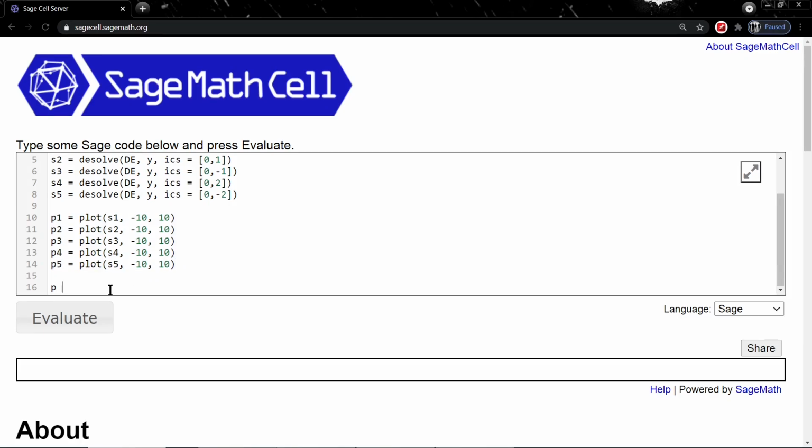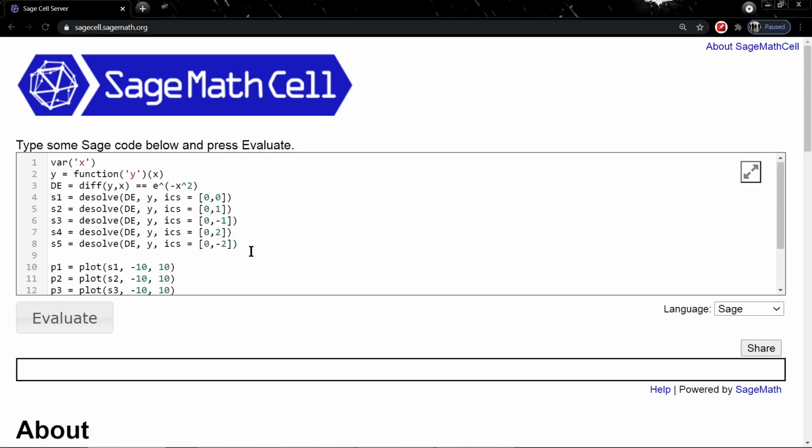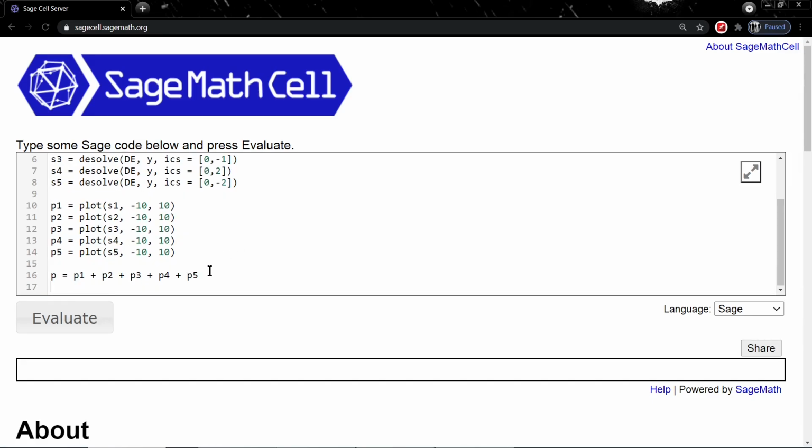Now we can take one variable P and write P1 plus P2 plus P3 plus P4 plus P5. Now this P variable holds the graph of all the 5 differential equation solutions with 5 initial conditions, and we can write P.show to plot all the solutions in a single x and y coordinate.